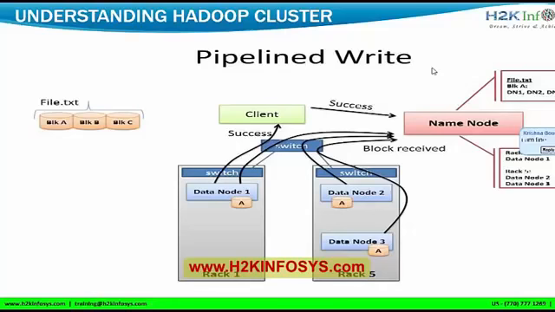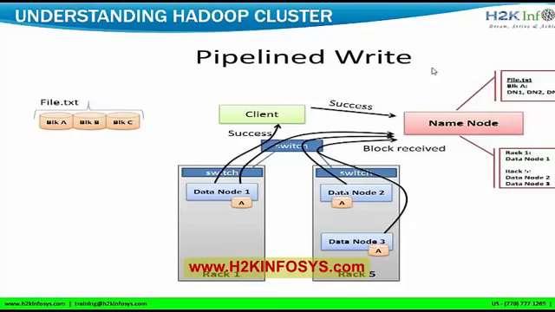So this is how the acknowledgement happens. In a pipeline, the first operation is that data node 3 comes and says, okay, I am fine, I had written block A into my node and it's okay with me.